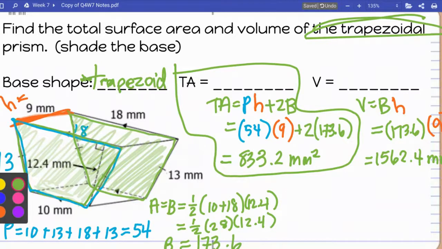Don't forget, the area formula for a trapezoid is half of base 1 plus base 2 on the trapezoid times the height of the trapezoid. So I plugged all that in, got the area of the base. Then I just plugged it into my total surface area formulas and my volume formula.